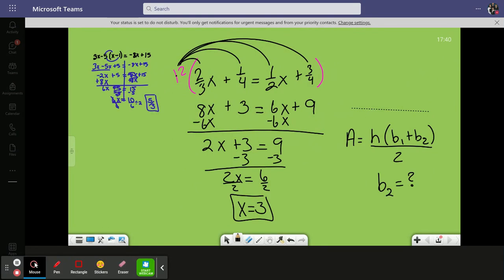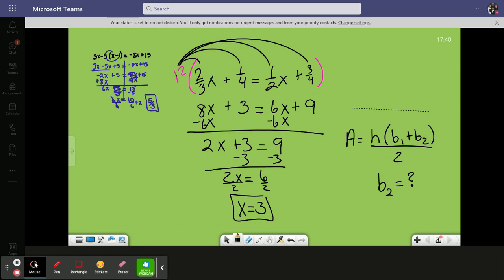So these equations are going to be on there, right? All right. How many different types of answers can I end up with when I'm solving equations? Like on here, I had 8x plus 3 equals 6x plus 9.